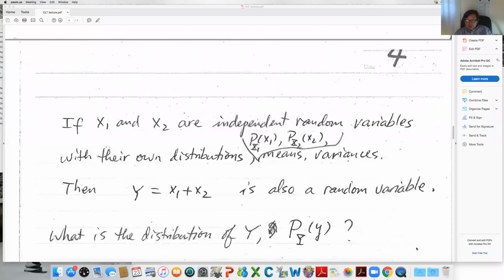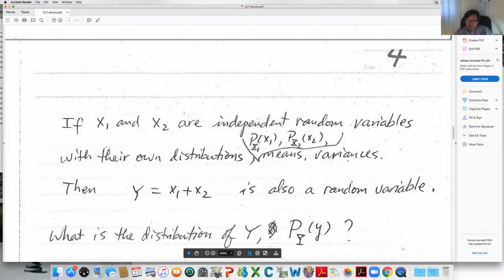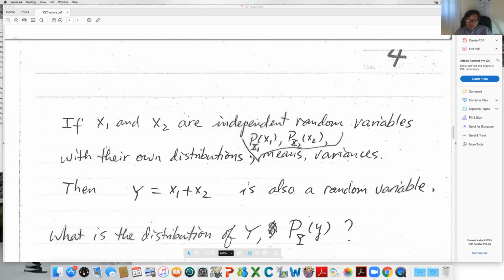So we can imagine that we draw the first sample from the population in Rhode Island, and then I draw the second random variable from people from California, men at the age 56.